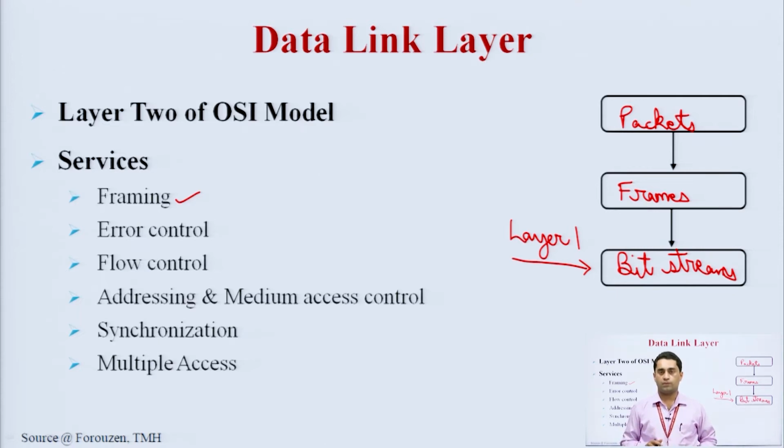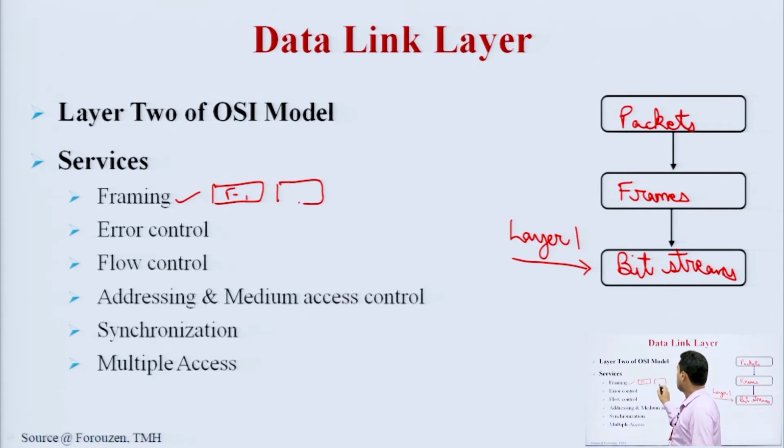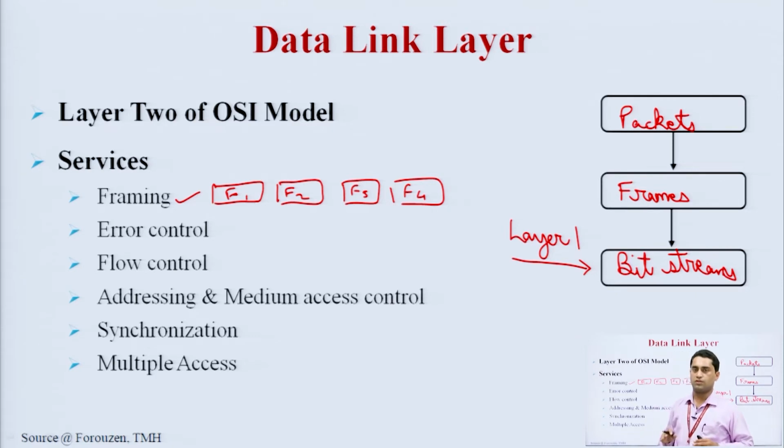So this part is frame 1, frame 2, frame 3, frame 4. These two lines are divided into 4 frames. So these chunks of data are designed and developed by the data link layer. This is the role of framing and how the data link layer generates the frames.